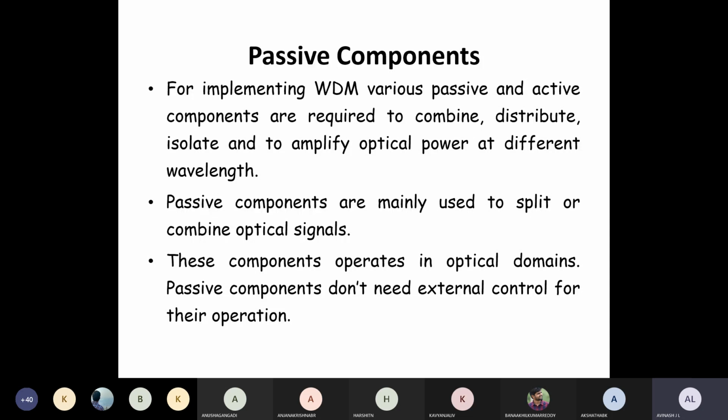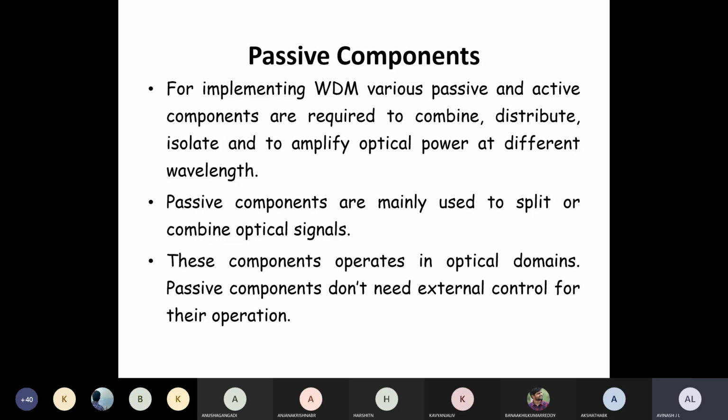To combine more than two signals, for example 2, 3, 4 signals, we require a component. We require a component to distribute the signal, that means one signal is distributed to many.